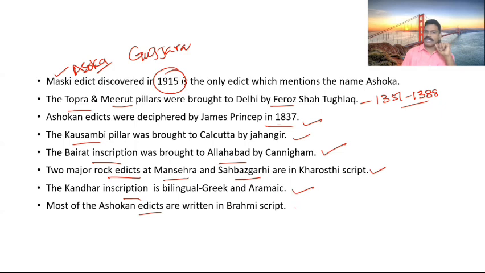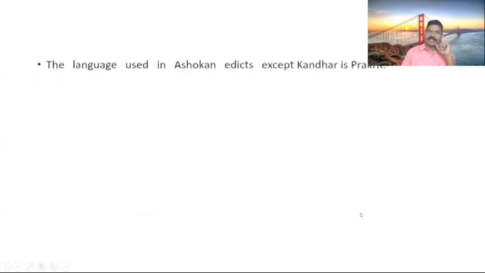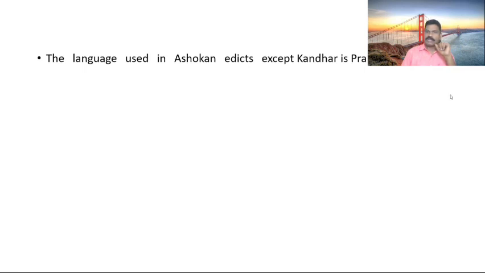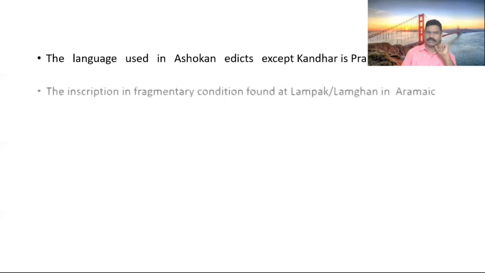Most of Asoka's edicts are written in the Brahmi script. The language used in Asoka's edicts, except Kandahar, is Prakrit. Only in Kandahar did he use bilingual, in other places he used Prakrit.